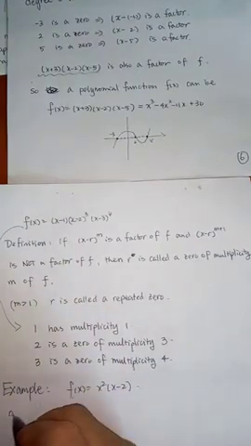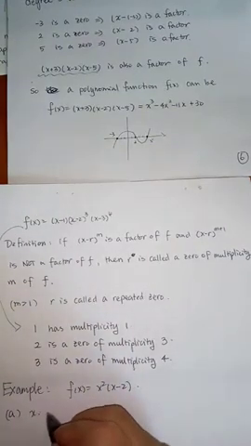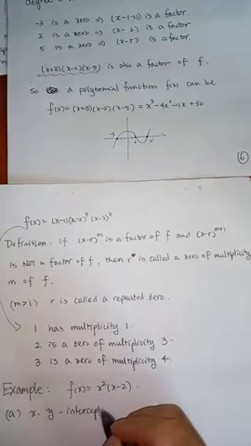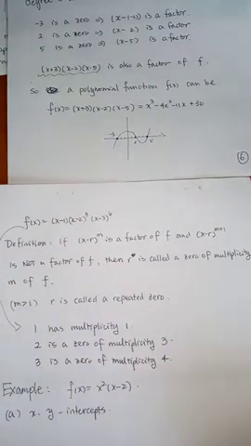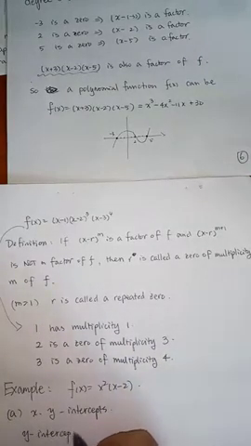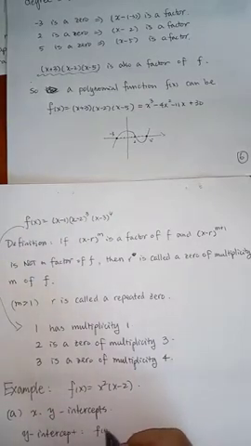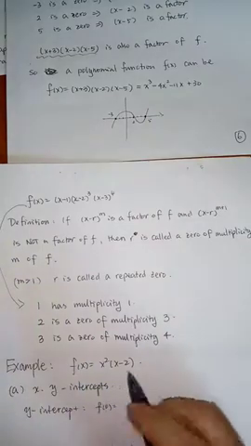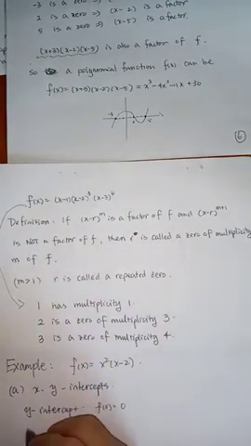First, the x and y intercepts. The y-intercept is always f(0) when it is well defined. f(0): x is 0, so the y-intercept is 0.